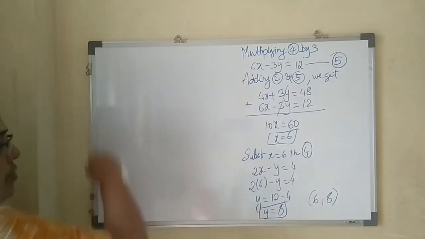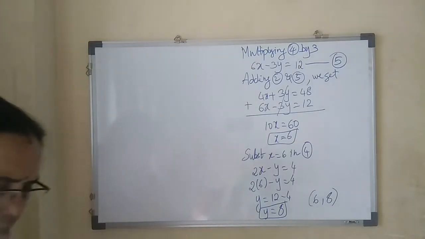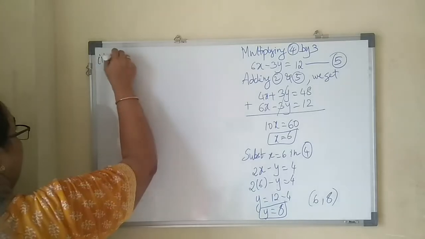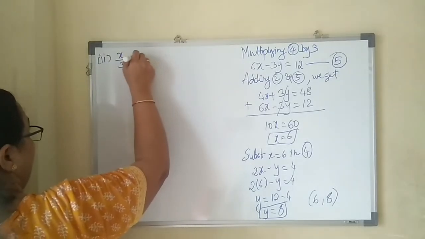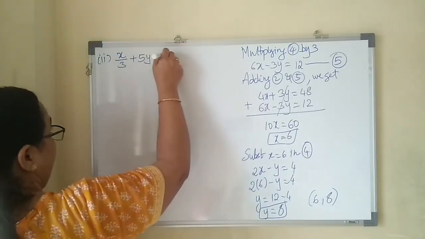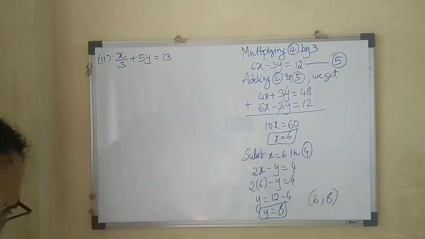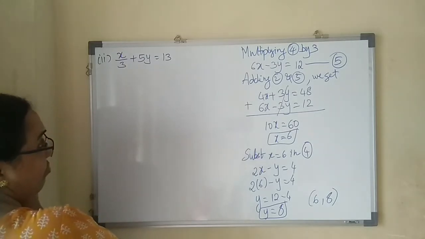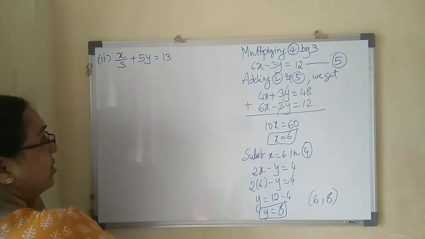I hope you have finished writing the first one. Now we go for the second one. x upon 3 plus 5y equals 13. This is one of the equations given. Again we have a denominator. So what we do is we don't number this equation.